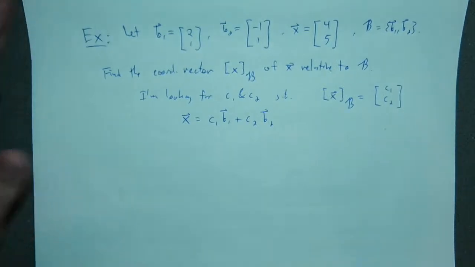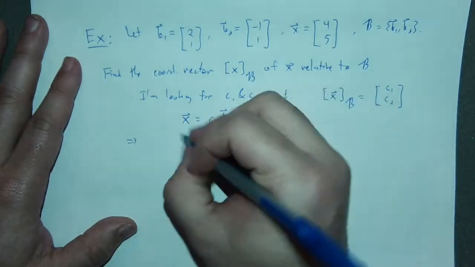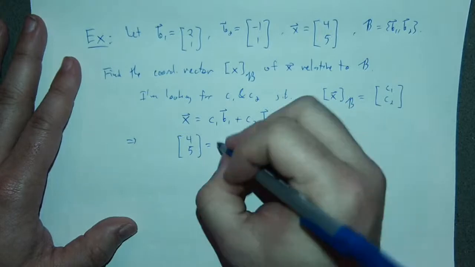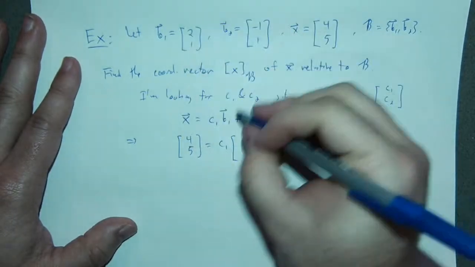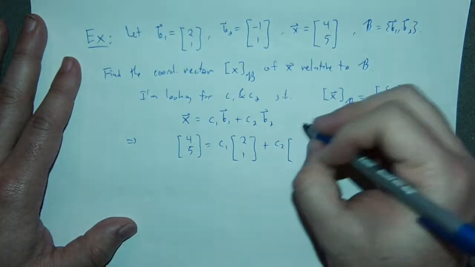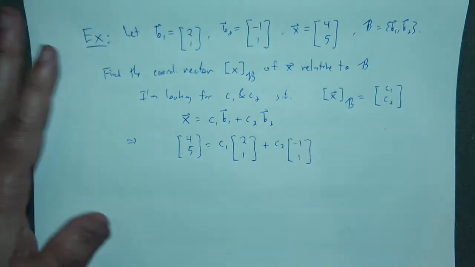And that's the definition. Okay, but let's actually write out what this is. This is the vector (4, 5), and on the right, this is c1 times b1, so that's (2, 1), plus c2 times b2, which is (-1, 1).